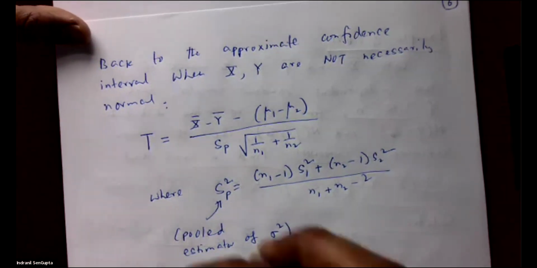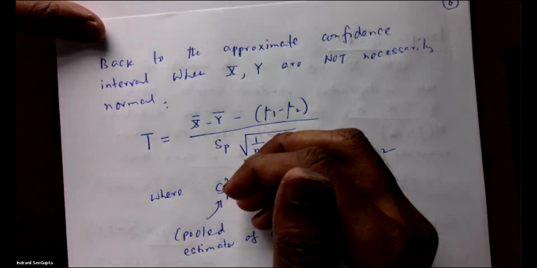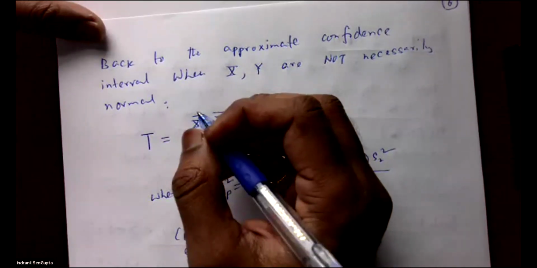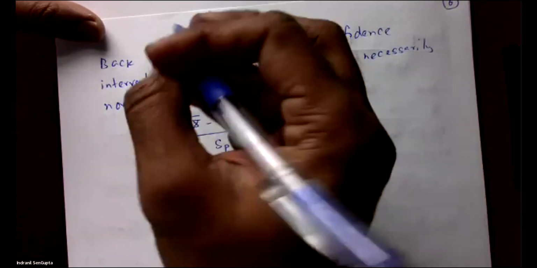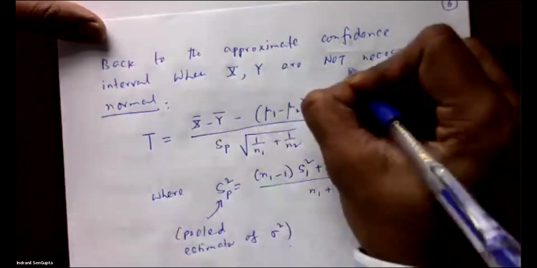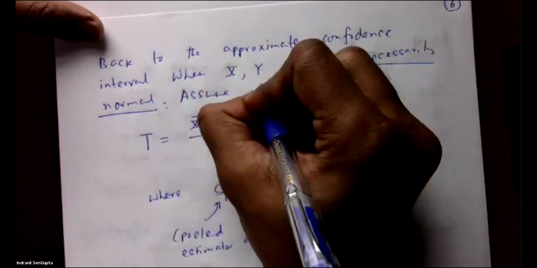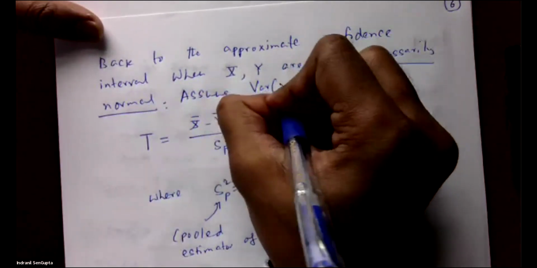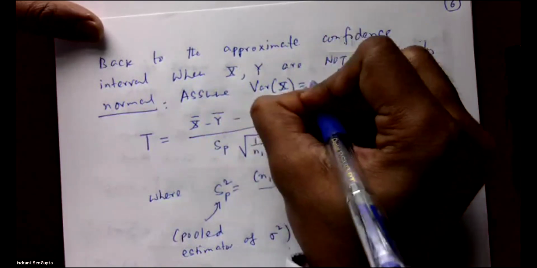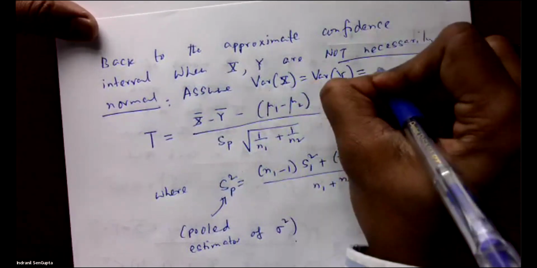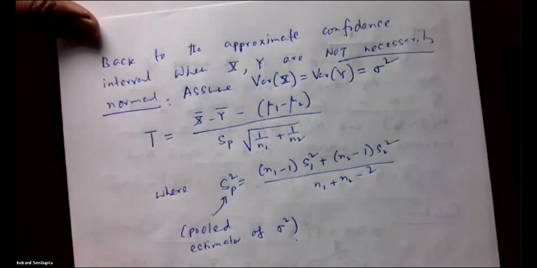So what we are assuming here is that both of these quantities are not necessarily normal. Assume that the variance of X is equal to the variance of Y, equals sigma squared.